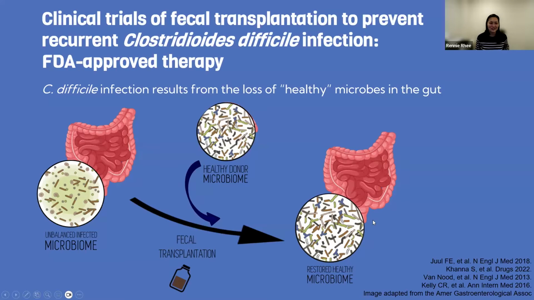I mean, it's actually a little crazy when I initially heard about it. Who knew that what you're flushing down the toilet every day could cure someone else's disease? But in fact, this was shown to be beneficial and is now an FDA-approved treatment for this severe infection.